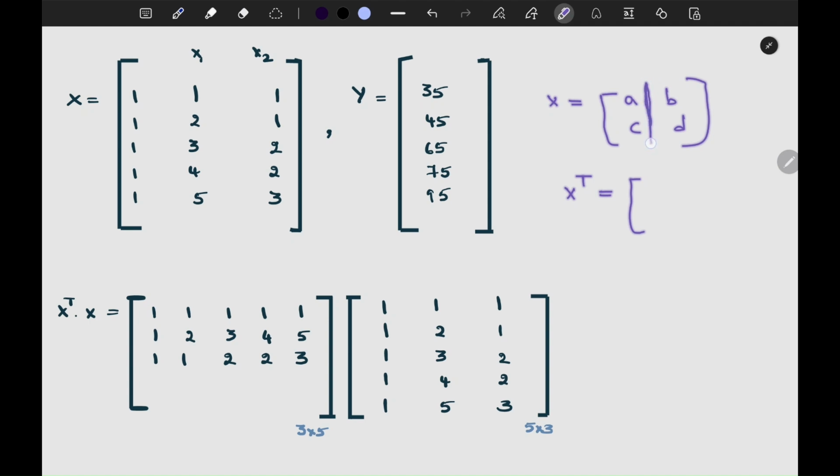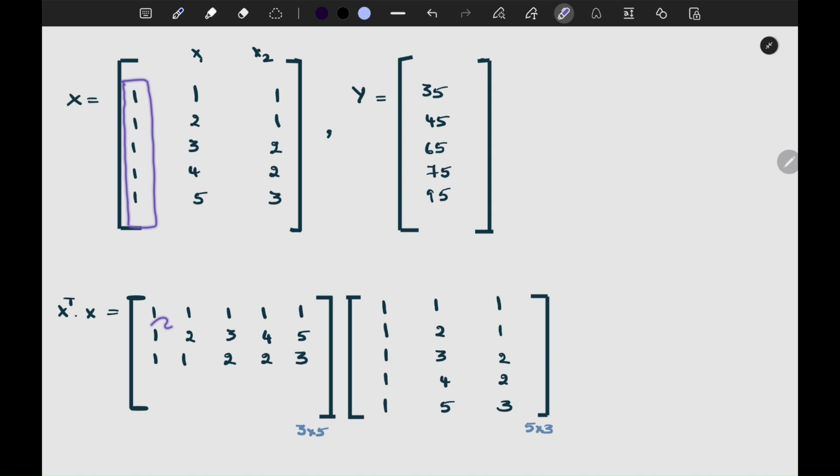If you consider a, c as one column and b, d as another column, I am rewriting the first column a, c as the first row and the second column as the second row, which is nothing but the transpose. Similarly here, I am keeping the entire first column as the entire first row.